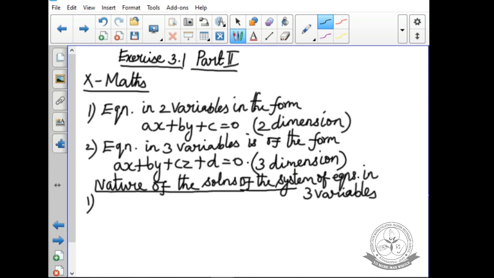First one, while solving the equations, in any of the steps, if we get 0 equal to 1, it is not possible. This is known as contradiction. 0 is not equal to 1, so if we get 0 equal to 1, the system has no solution.